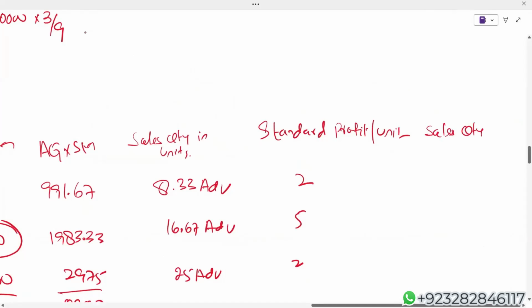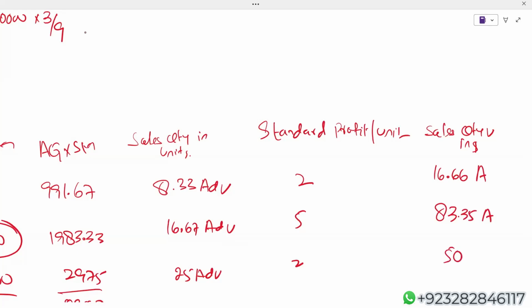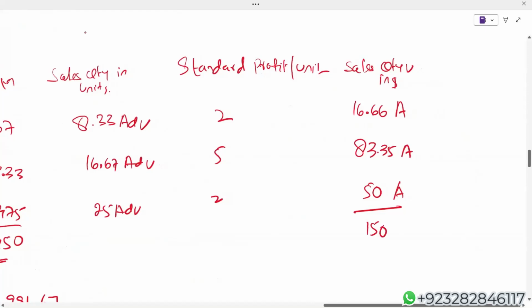So sales quantity variance in dollars: 8.33 into 2, I'm getting 16.66. 16.67 into 5, 83.35. And this is 50. So final answer, I'm getting 150.01 adverse. Make it 150.